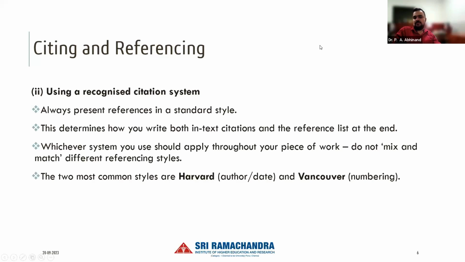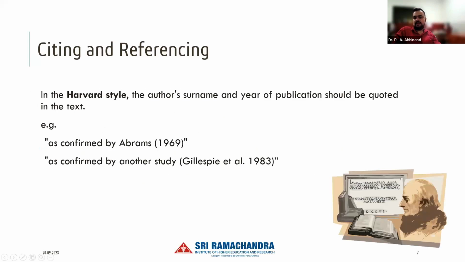Harvard style means inside the text of the paper, you will give the author name followed by the year of publication. If there are more than two authors, then you will put et al. Et al means and team. And you will put the year of publication. And at the back of the paper, when the full references are given, you will be quoting all the references in alphabetic order.